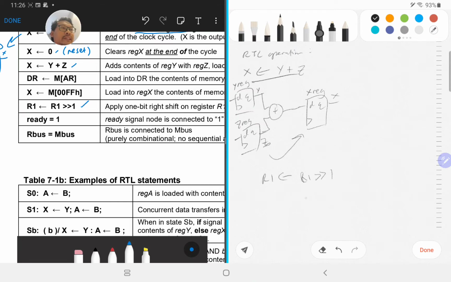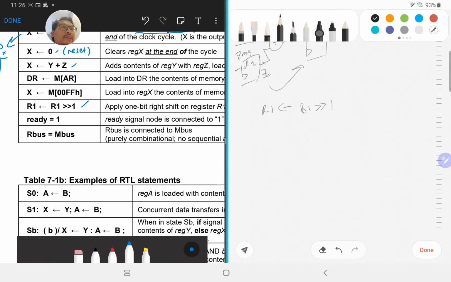Remember it's a right shift one. So what's going to happen is we have the R1 reg. The output is R1, D, Q, and we are going to shift by one and put it inside. You see what's going on here.